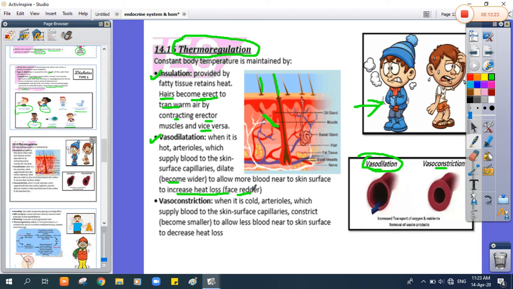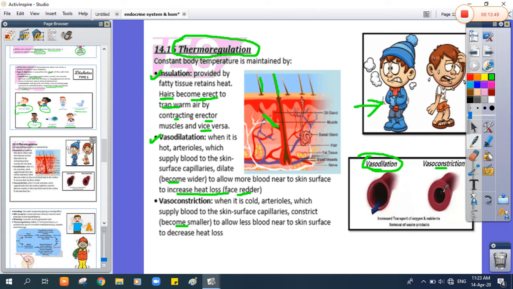On the other hand, on a cold day, the property here is called vasoconstriction. What is vasoconstriction? When it is cold, the arterioles and your blood capillaries, or the blood supply, these blood capillaries become smaller.